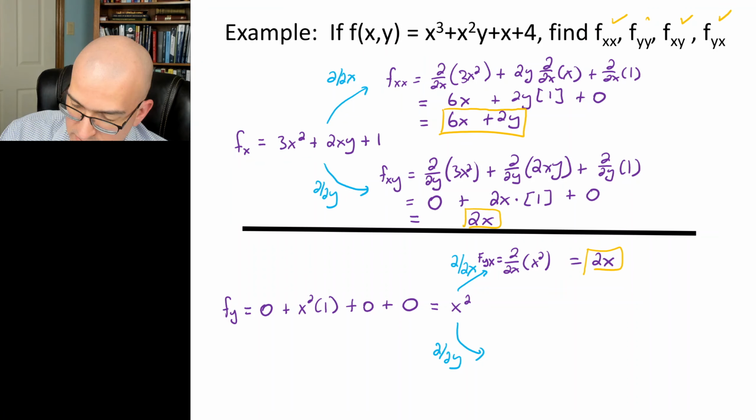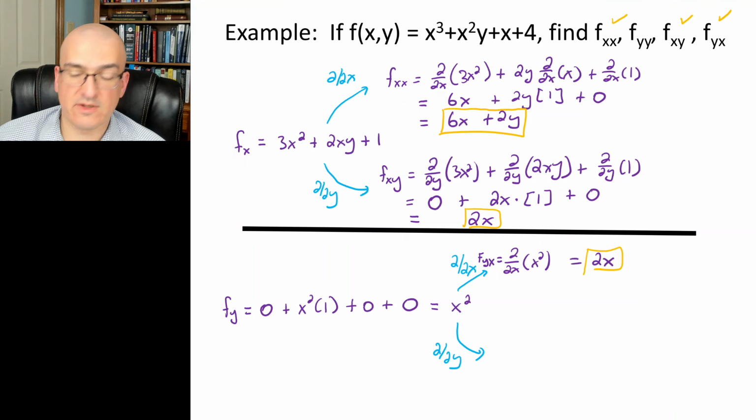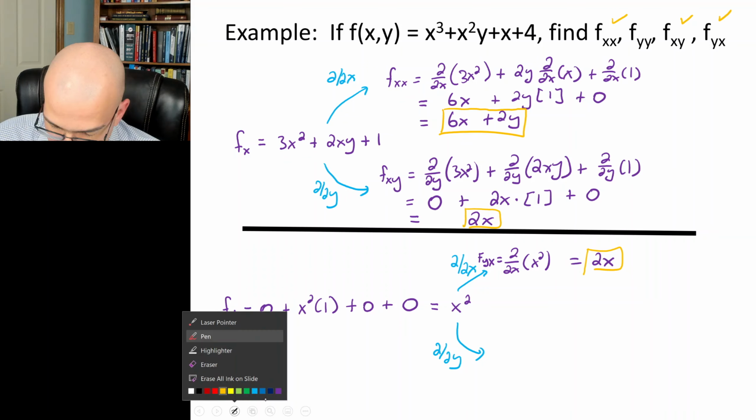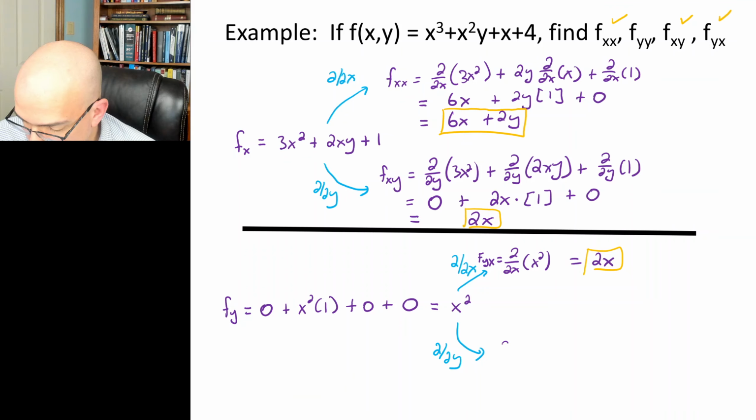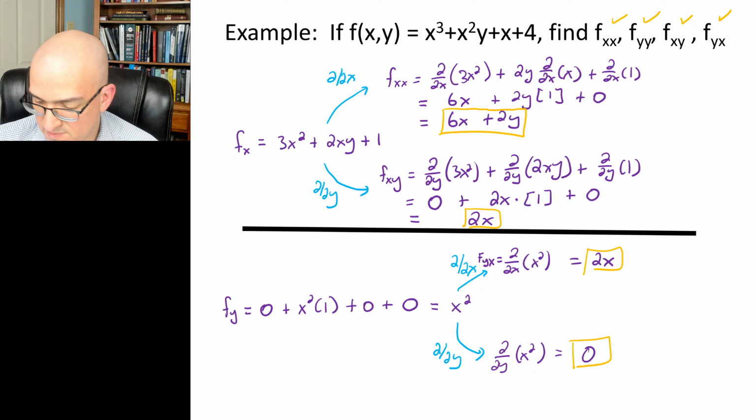Those two things are equal to each other. f_xy is the same as f_yx, which is necessary. They're both equal to 2 times x. Now we take the y derivative of x squared. So d by dy of x squared, and we get 0. And that's okay. That's perfectly fine. Doesn't mean that we made a mistake. Okay, and that's it.